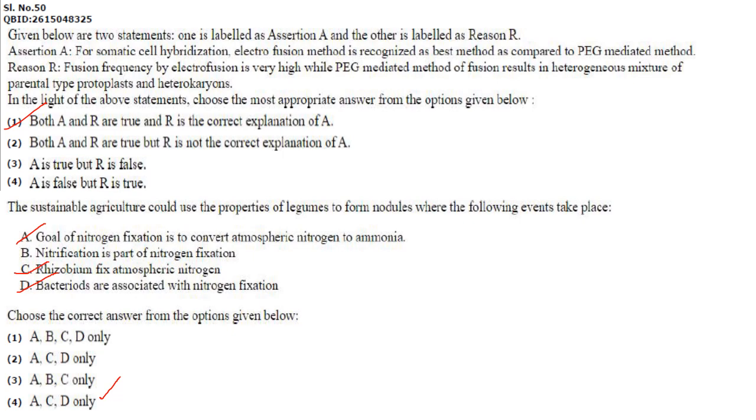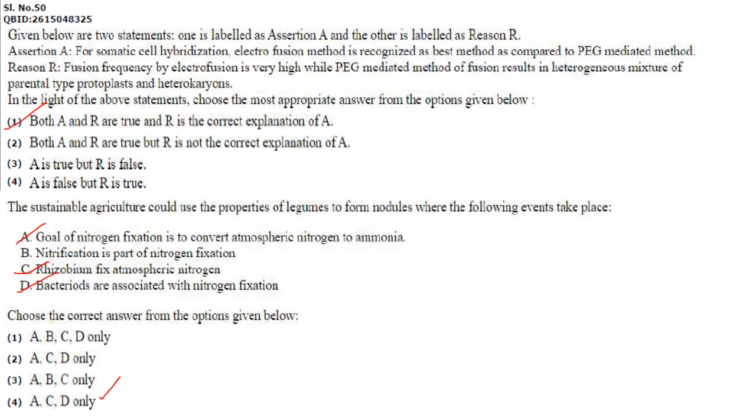That is correct. So what they have told is that for somatic cell hybridization, electrofusion method is best compared to polyethylene glycol mediated fusion. Why? Because fusion frequency by electrofusion is very high, whereas in PEG mediated method you get heterokaryons and a heterogeneous mixture of parental type protoplasts. So both statements A and R are true and R is the correct explanation of A.